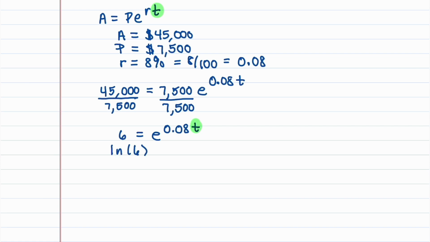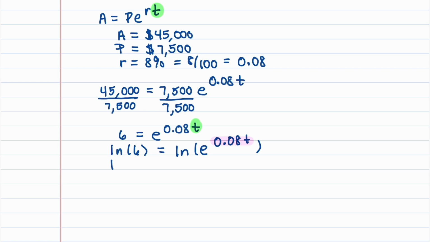So we have ln 6 on the left, and then on the right, we have ln of e to the 0.08T. When we have an exponent in a logarithm, here's the exponent right here, we can pull that whole exponent out in front.